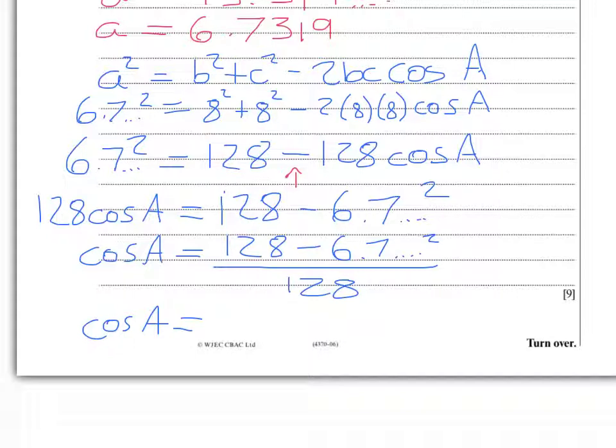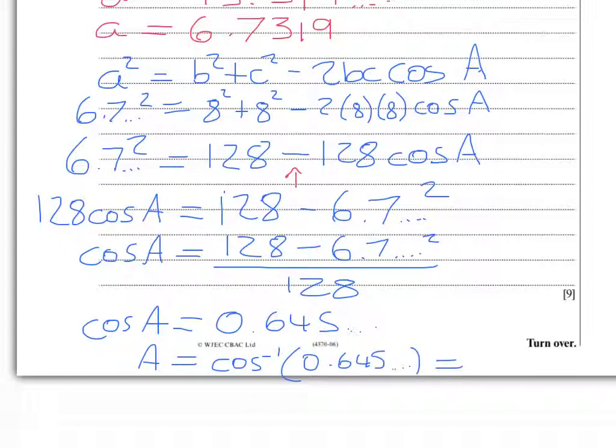Now it's worth retaining the accuracy in your answer, so when you're typing this into your calculator you should be able to type 128 minus your answer squared, divided by the 128, and that gives you a value of 0.645 etc. And so to work out A, to get rid of the cos, we do the inverse cos of that number, and that will give us our angle.